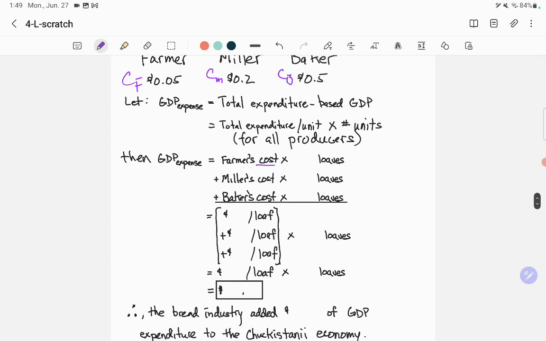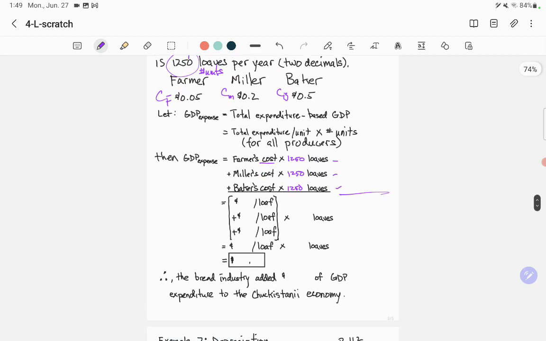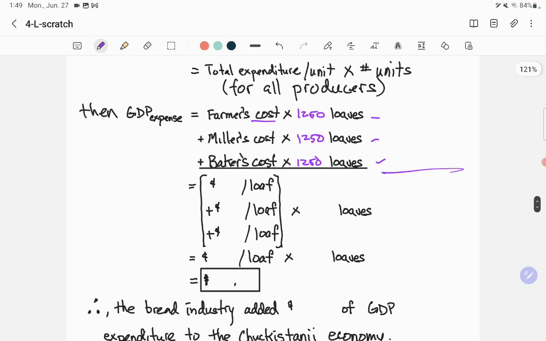Okay, farmer's cost times number of loaves, 1250. Miller's cost times 1250. Baker's cost times 1250. So this gives us the expenditure per each actor. Then we add them all up. So let's make this a little bit bigger.